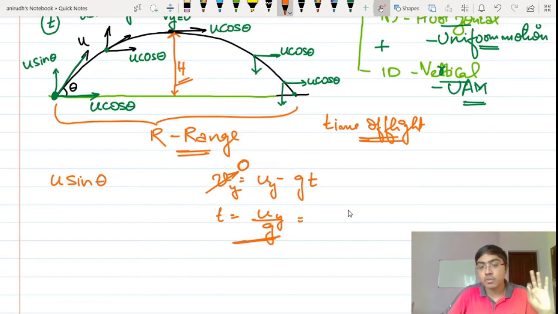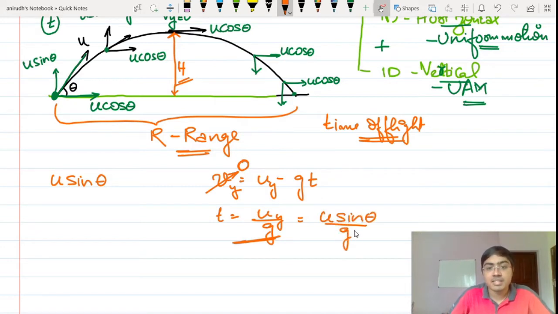I'm talking about only the vertical component. So what is the time taken to reach the topmost point? That will be u sine theta divided by g, because uy, that is the vertical component, is u sine theta. I'm just plugging it in over here. So what is the time of flight then? Time of flight is simply twice of that.